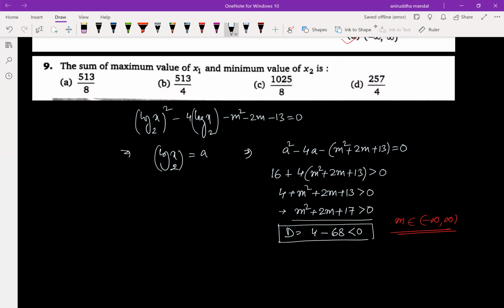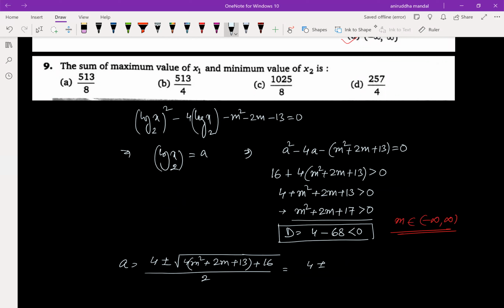We have this quadratic equation, so this is the D value. a is -b, so this is 4 plus or minus the square root of 16 + 4(m² + 2m + 13), divided by 2.